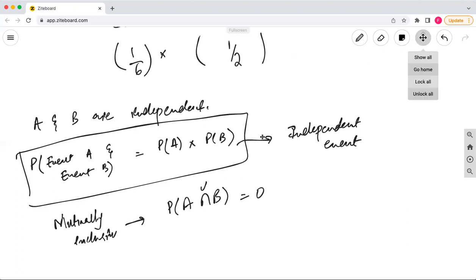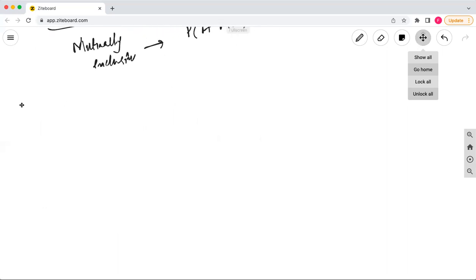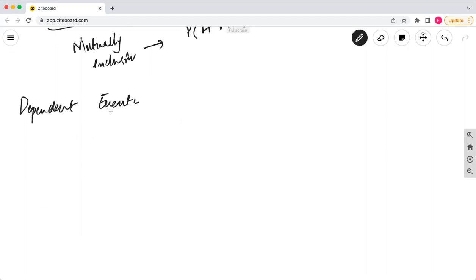And now let's see dependent events. If we see the dependent event, again, I define it as one in which the occurrence of one event affects the occurrence of the other event.